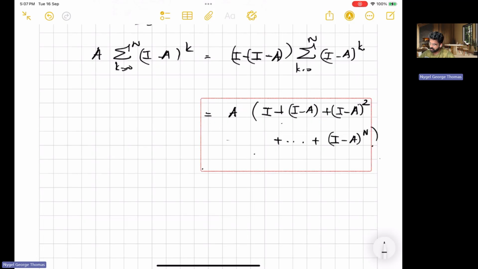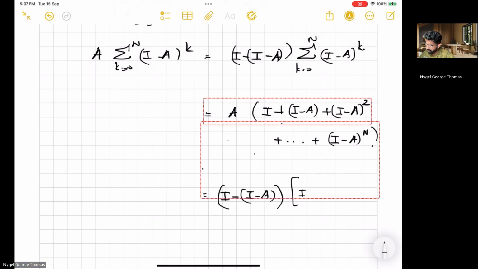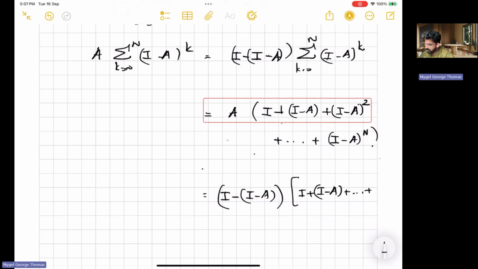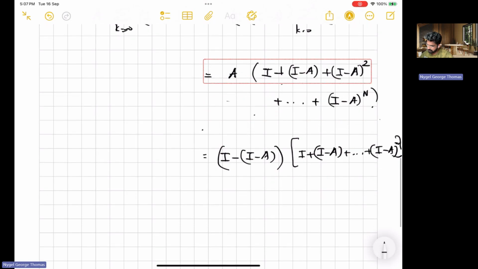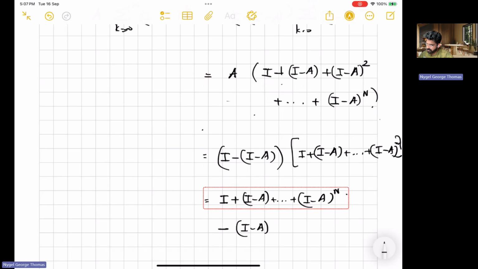I hope there is no doubt so far. This is the same as A, which is I times (I minus A)... taking the product, we get I plus (I minus A) plus etc. plus (I minus A) raised to n, minus (I minus A) plus (I minus A) squared plus etc. plus (I minus A) raised to n plus 1.